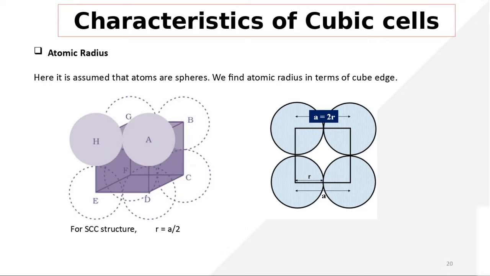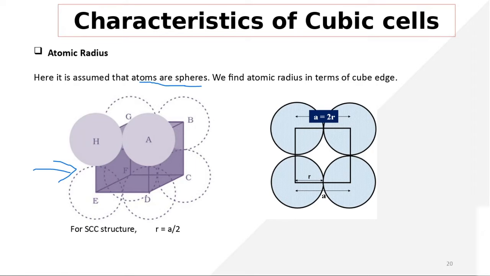In the simple cubic crystal structure, as you see in this figure, we have given the naming A, B, C, D, E, F, G, H. Here we are talking about the corners A and H, where the atoms are present at the corners, and these atoms are touching each other. In a cubic crystal, we assume the atoms are like spheres and they just touch each other.